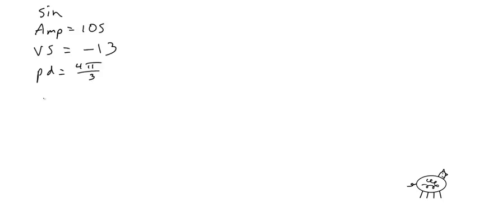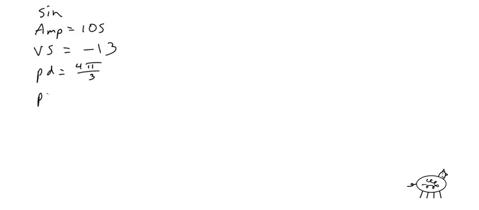Let's do a sine graph here. Amplitude is 105. Ooh, 105. Very scary. Vertical shift is negative 13. The period, we'll do some little fraction action here, because I think just to scare you guys just a little bit, 4 pi over 3.